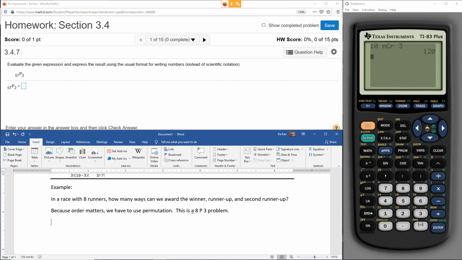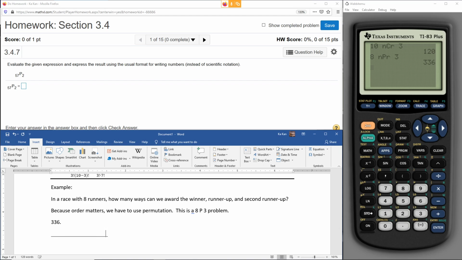So put in the calculator: 8, math, PR, and then 3, enter. So there are 336 different ways. It's that easy. Basically, you just use these two.